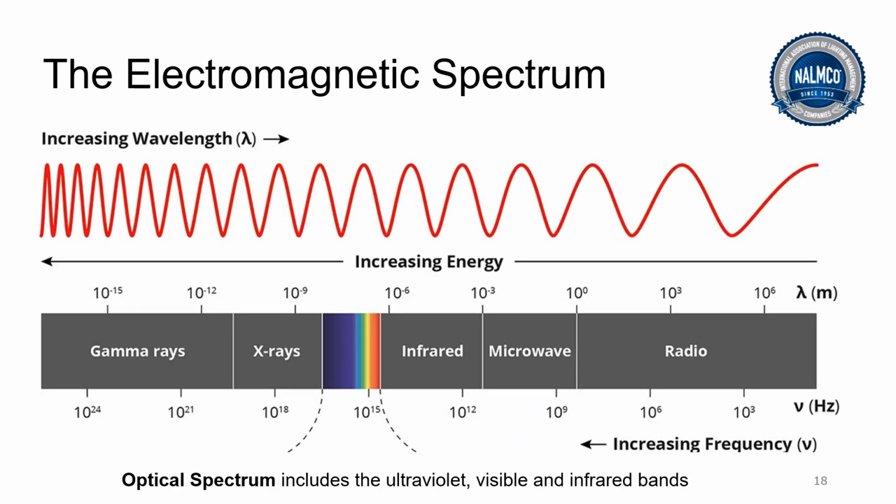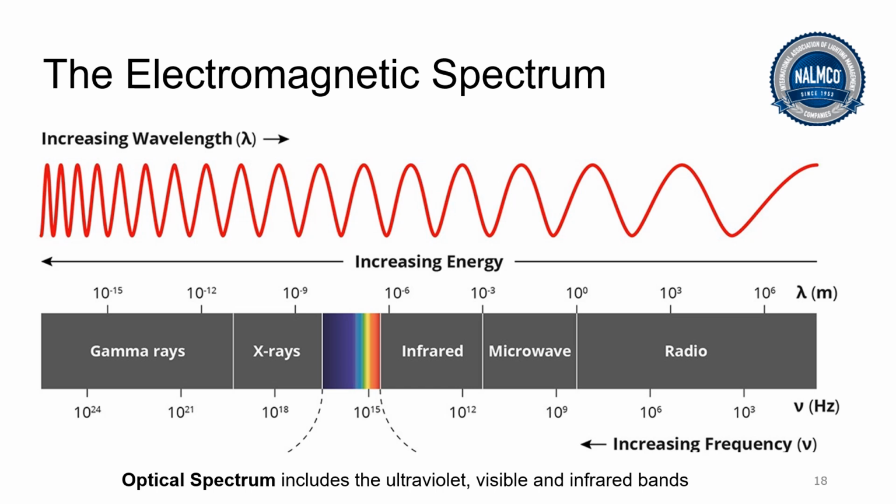So across the electromagnetic spectrum, if we start from the right-hand side and go towards the left, we are increasing the frequency and shortening the wavelength. We go from radio waves to microwaves to infrared, the visible, then the near ultraviolet, the middle ultraviolet, and the far ultraviolet.